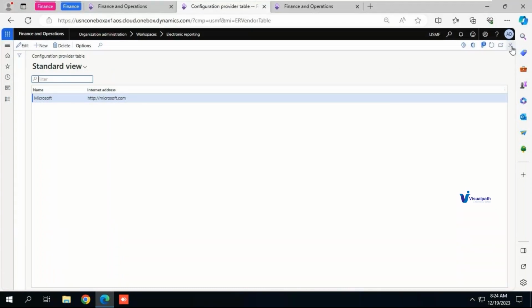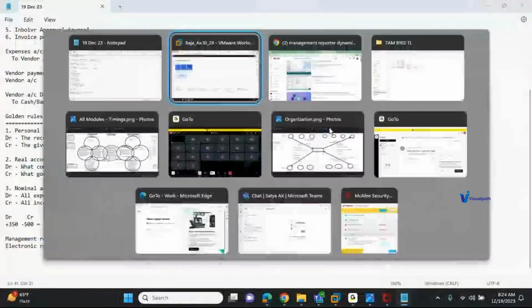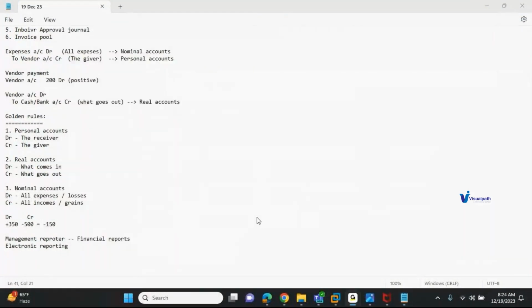The limitation is here. I know the high level picture, but I'm not a trainer in terms of electronic reporting. If I joined a company and wanted to do it, I could do it myself, but to teach you I need to know it in and out, in depth, and I don't, because it is a techno functional task.